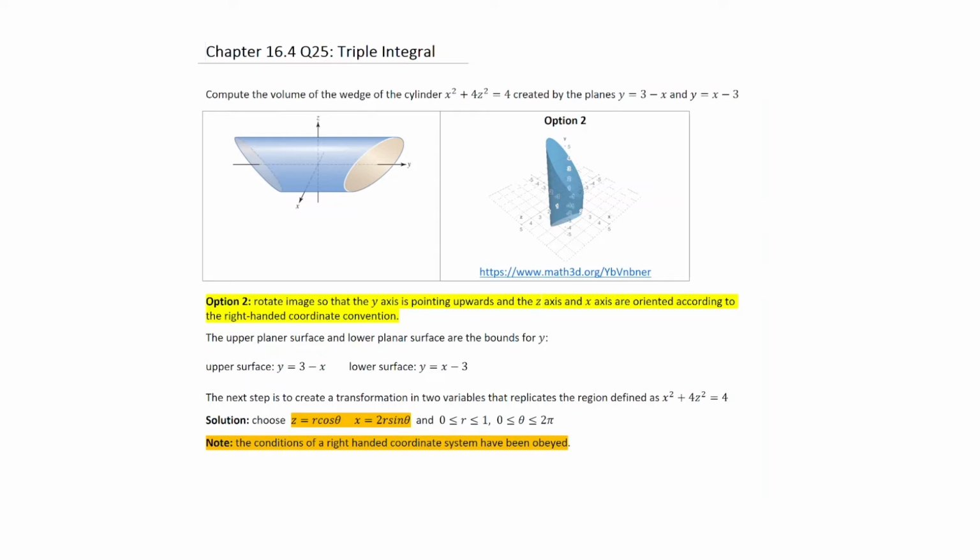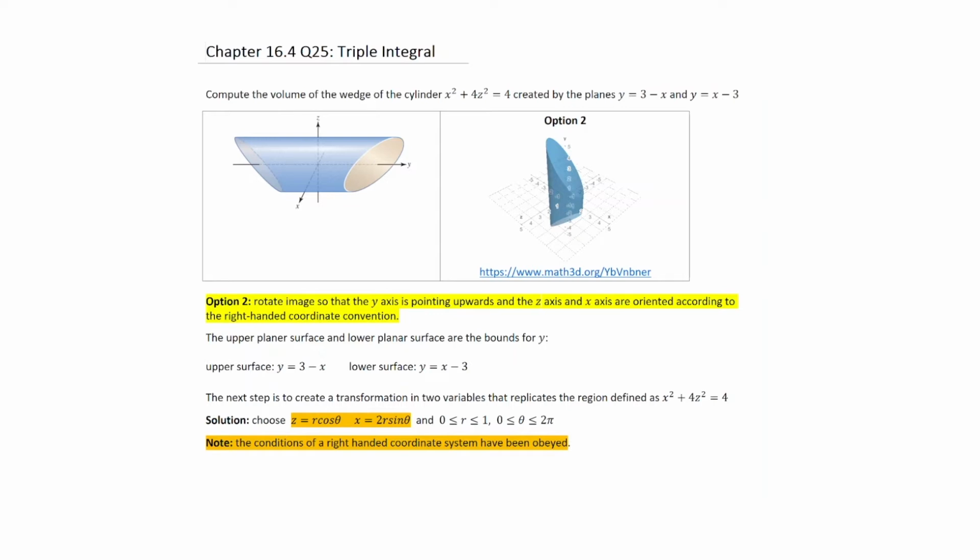Now, if you substitute those expressions into the equation of the cylinder, you'll end up with 4r squared sine squared plus 4r squared cos squared. So the cos squared and sine squared basically just become 1.